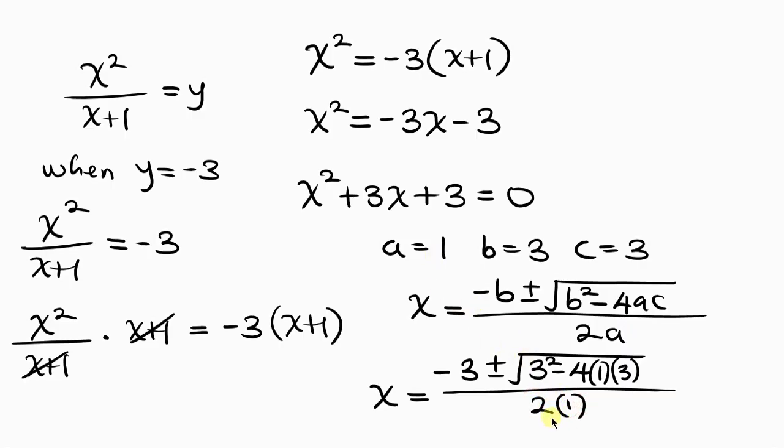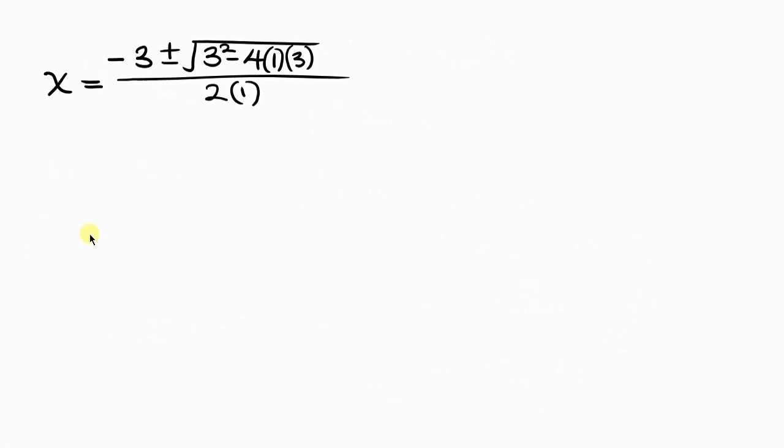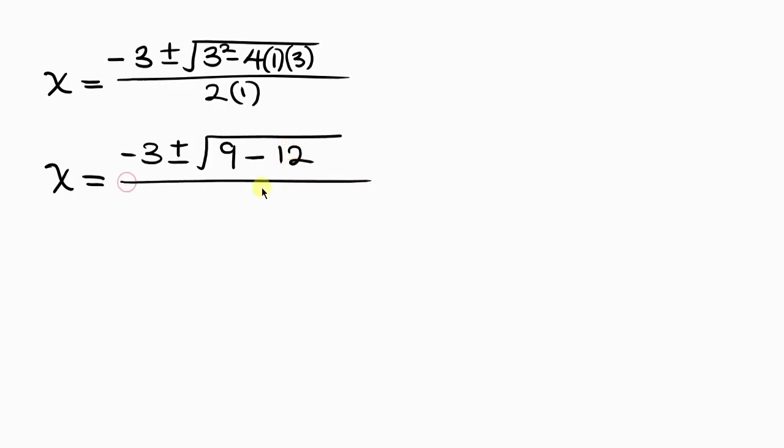Very good. So this simplifies into x equal to negative 3 plus or minus the square root of 3 squared is 9, minus 4 times 1 times 3 is 12, all over 2 times 1, that's 2.